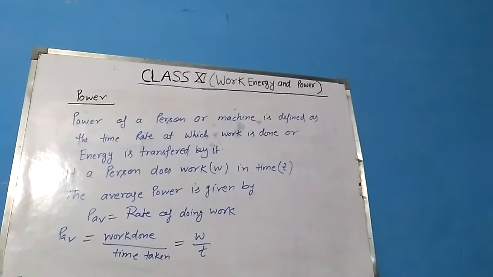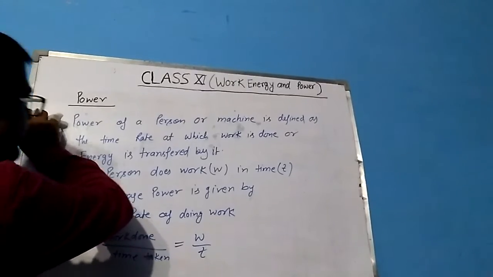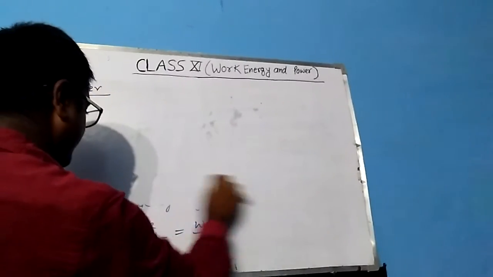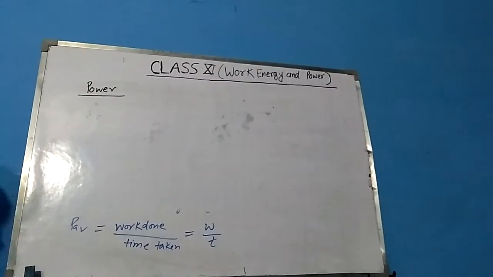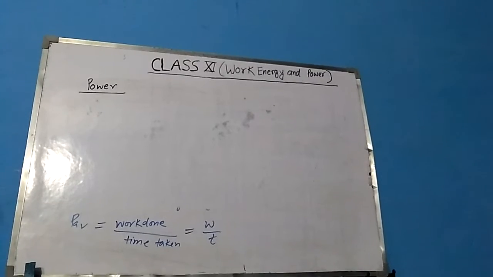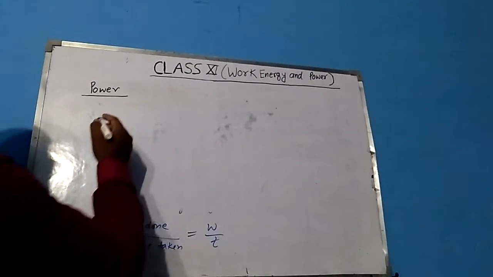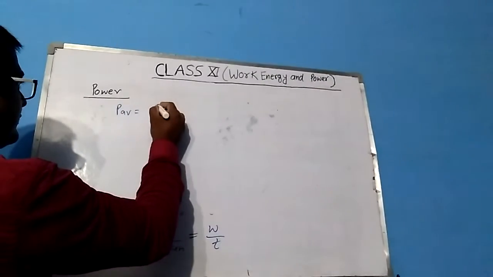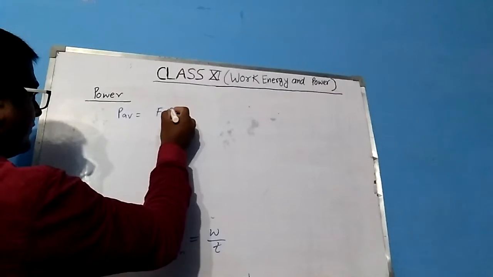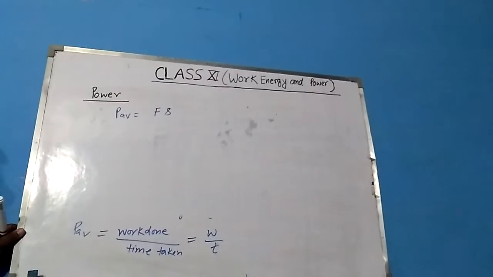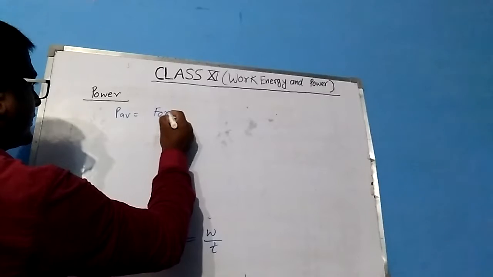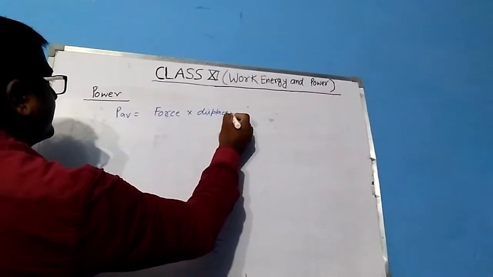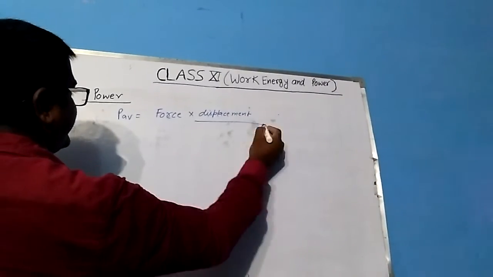Now we have to go for some other relation. P average equal to W by T, where W is force into displacement. So we write force into displacement divided by time taken.